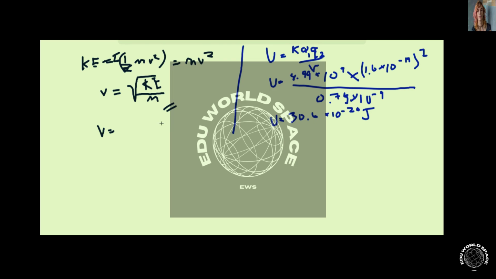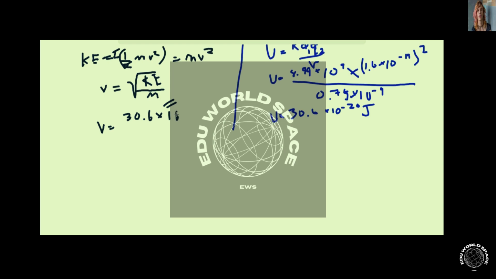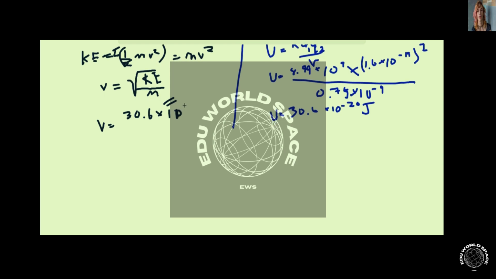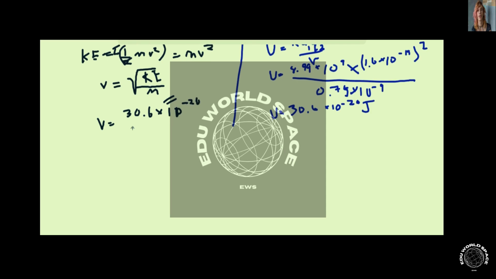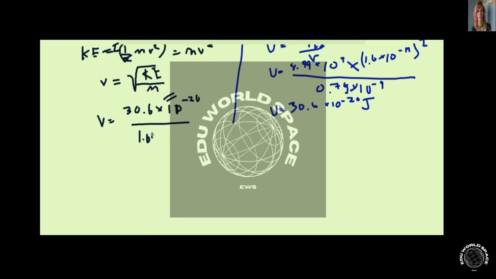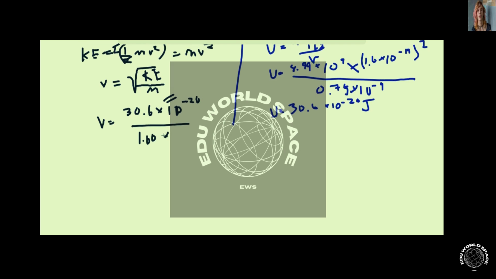So it is 30.6 times 10 to the power of negative 20 over the mass, which is 1.66 times 10 to the negative 27, and this whole thing is square rooted.